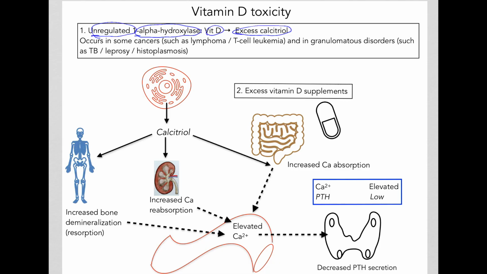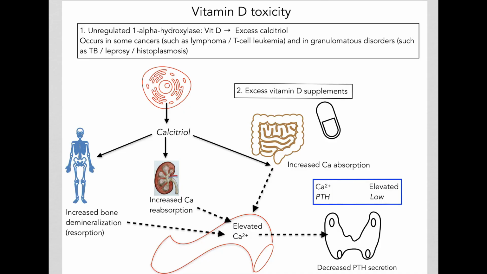And we see this in some cancers such as lymphoma, T-cell leukemia, and in certain granulomatous disorders such as tuberculosis, leprosy, as well as histoplasmosis. Besides these diseases, there's another way to have vitamin D toxicity, and that is just taking excess vitamin D supplements. So that can also lead to vitamin D toxicity.